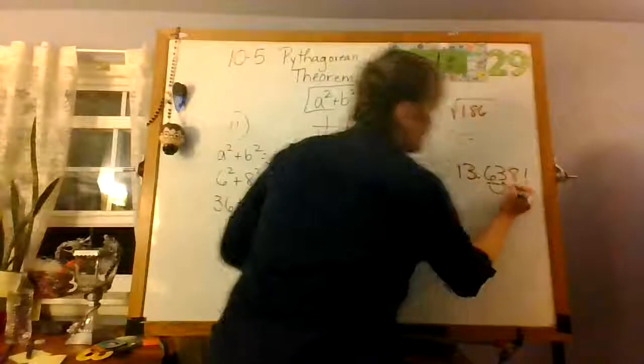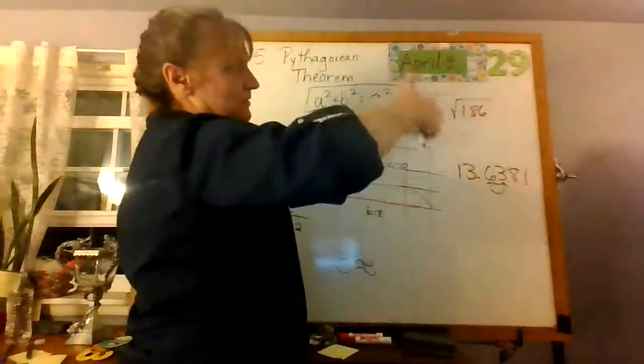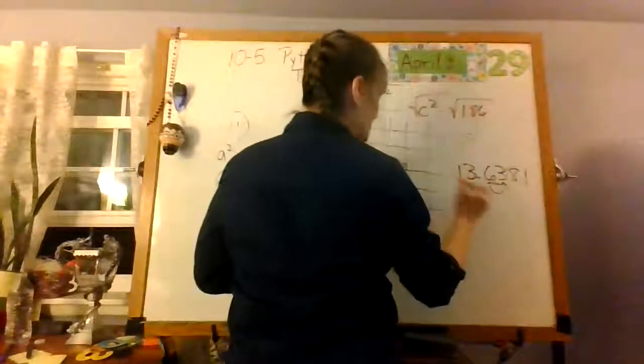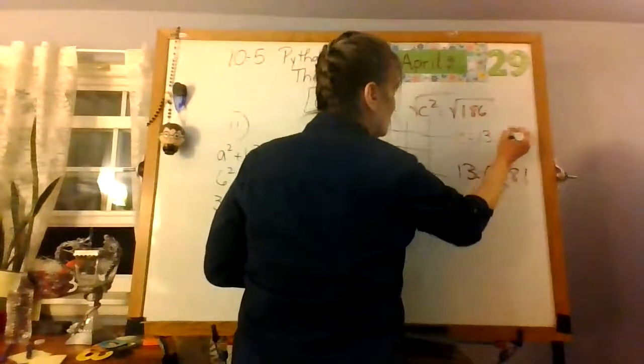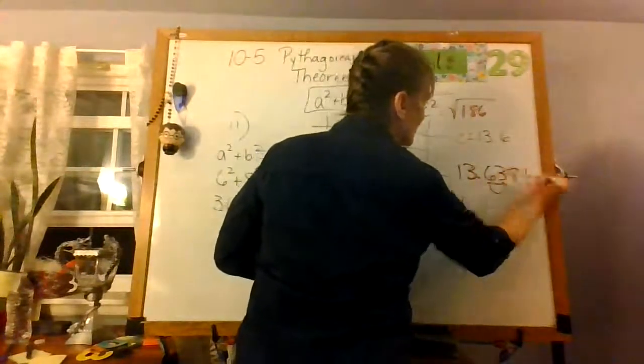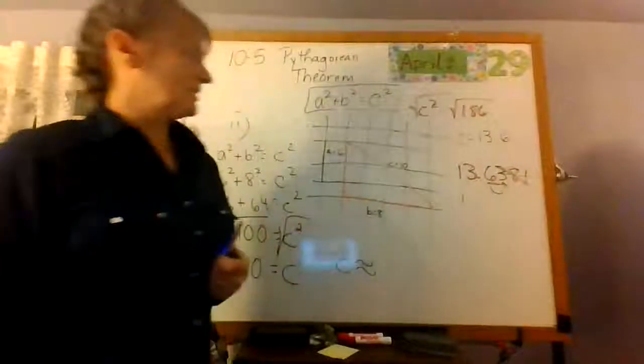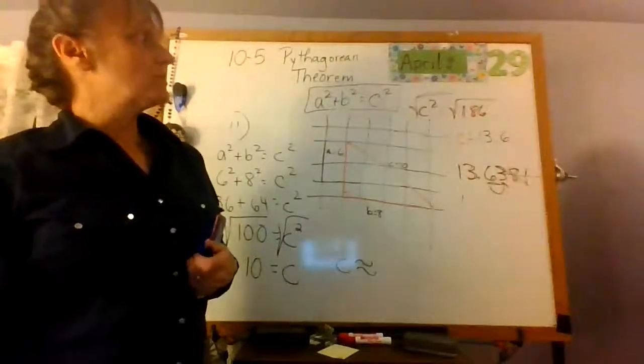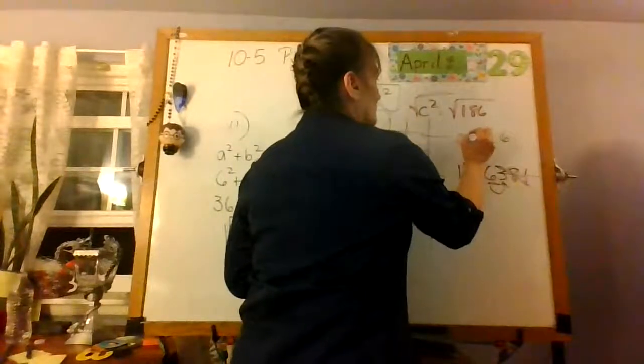Look at my 6. That's in the tenth spot. My next number tells me go up or stay the same. 3 says stay the same. So I'm going to write 13.6. Everything after the tenth spot goes away once I've rounded. I just get 13.6. Okay, and that is an approximation.